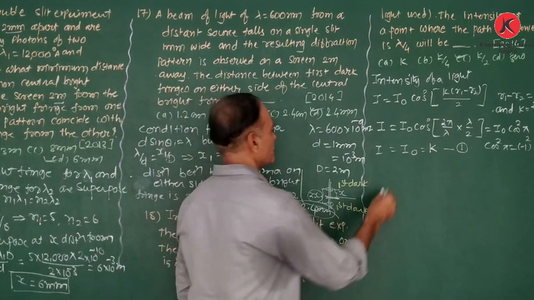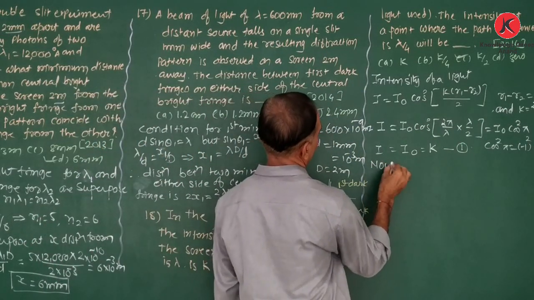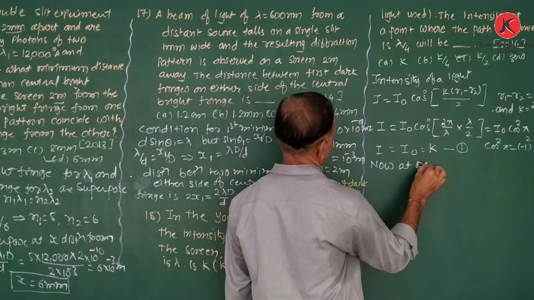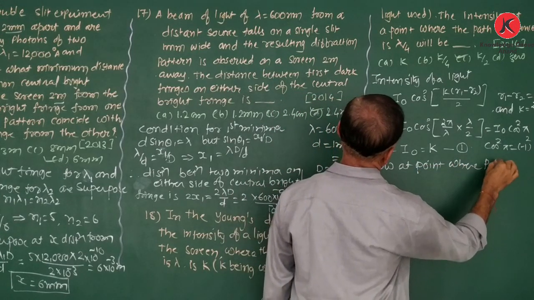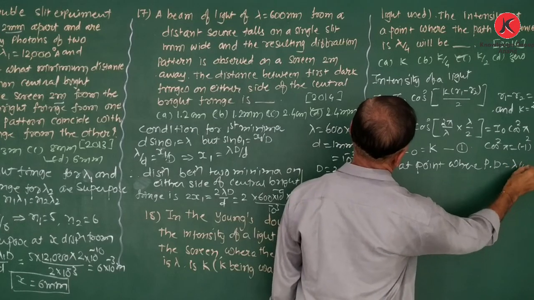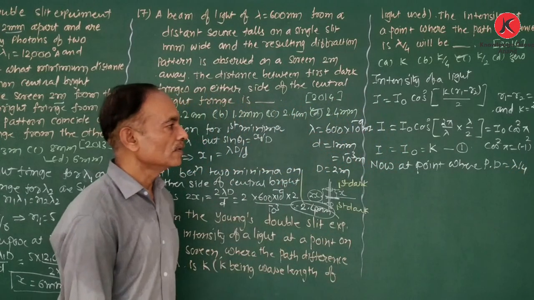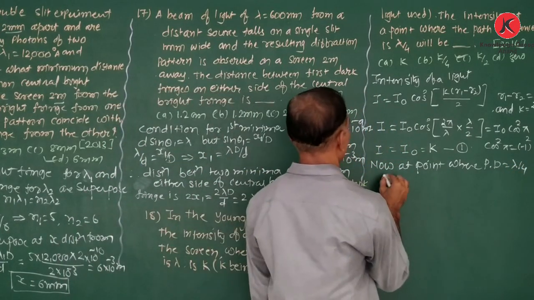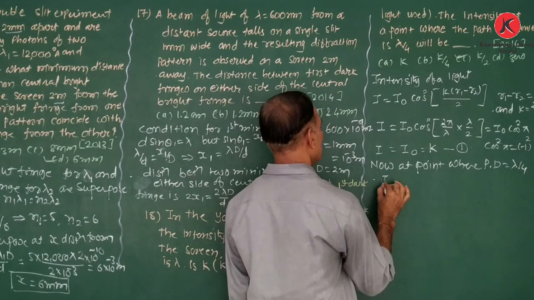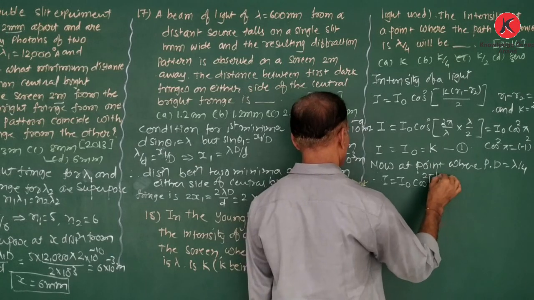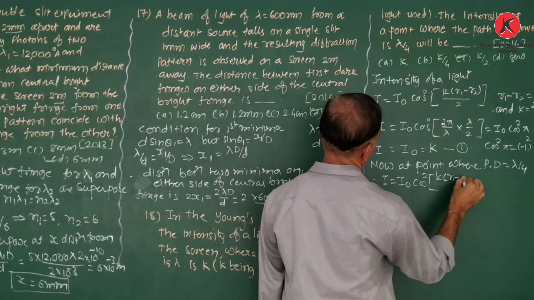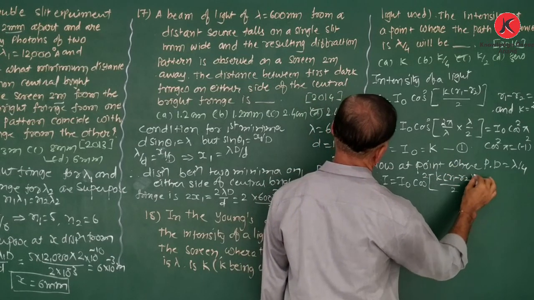Now at a point where the path difference is lambda by 4, I is equal to I0 cos square of K times (I1 minus I2) upon 2.